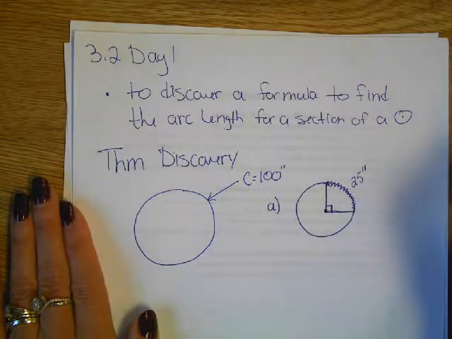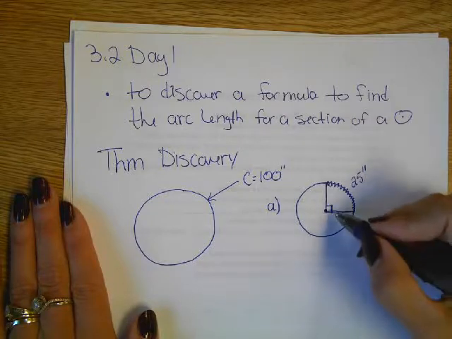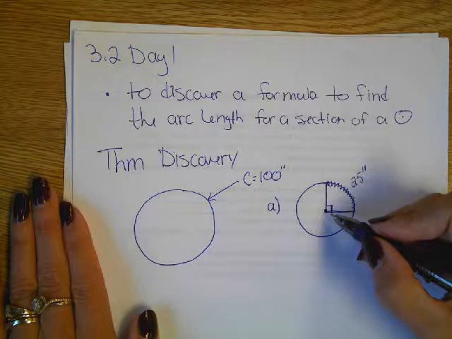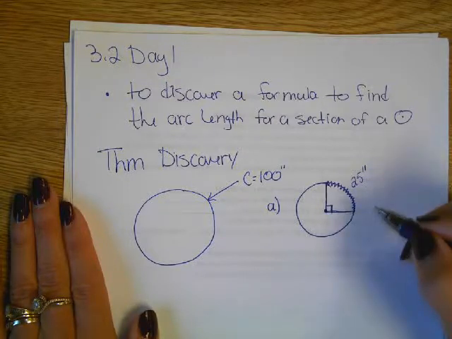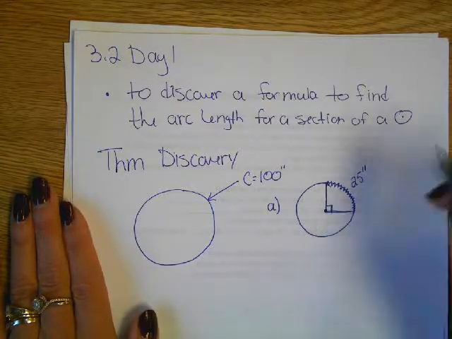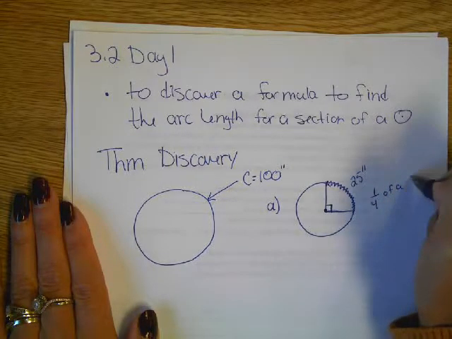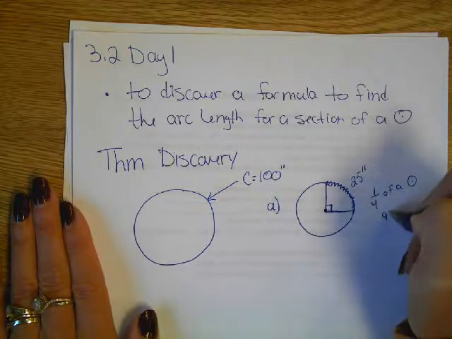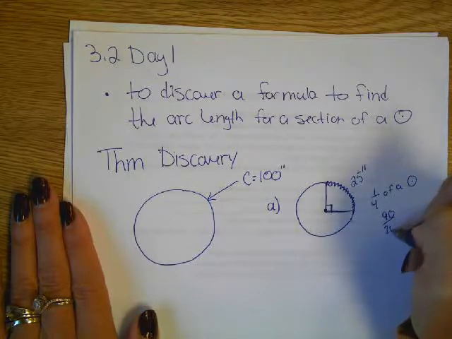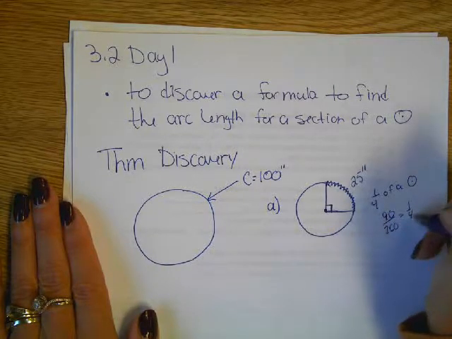How do you know it's a quarter of a circle? And 90 degrees is a quarter of how much? 360. Did everybody follow his logic there? He knew it was a quarter of a circle because 90 out of 360 is a quarter. All right.